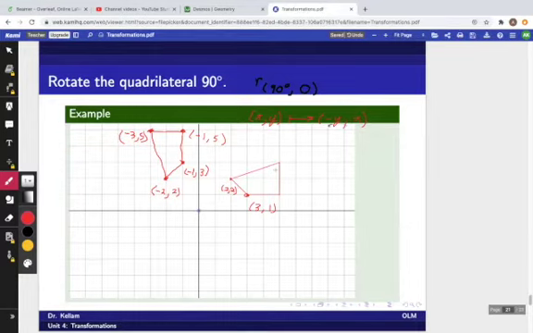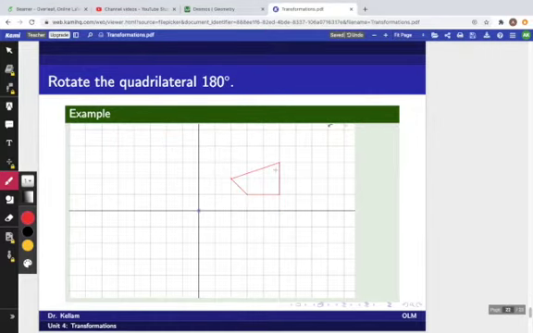Okay, let's look at a different rotation. Let's say that we are rotating 180 degrees. This would be denoted as R 180 degrees, comma, O, because again, we're going to rotate around the origin.